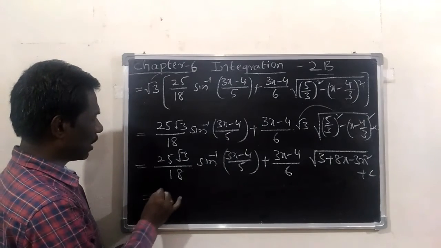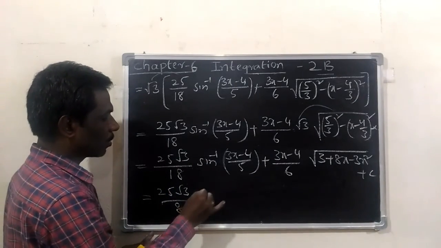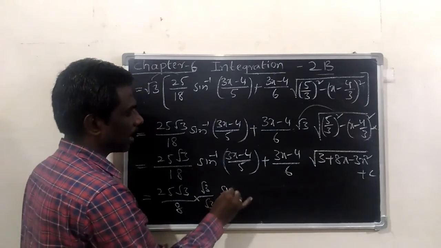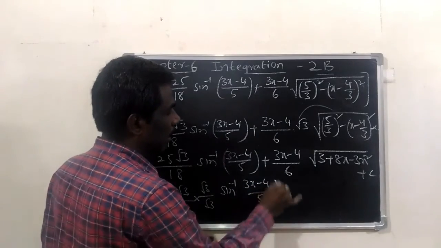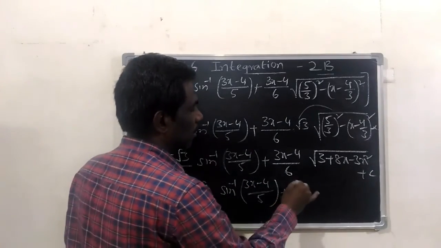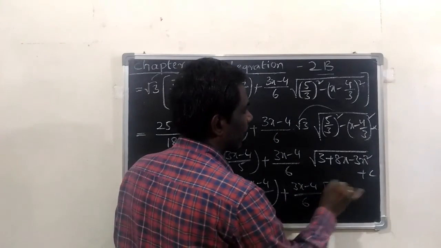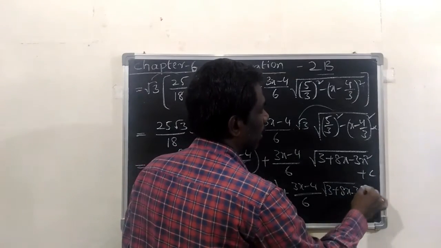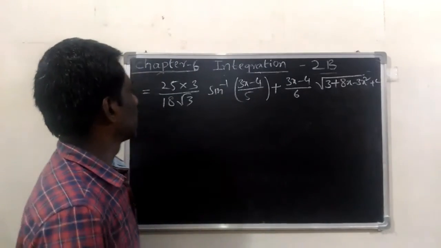So that is, see, 25 root 3 by 18 into root 3 by root 3, and the remaining as it is, sine inverse 3x minus 4 by 5 plus 3x minus 4 by 6 under root of 3 plus 8x minus 3x square plus constant. Yes.